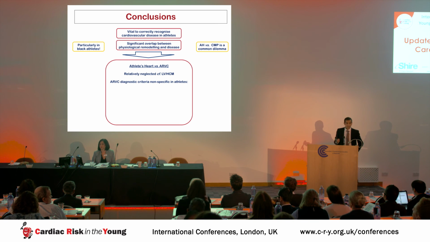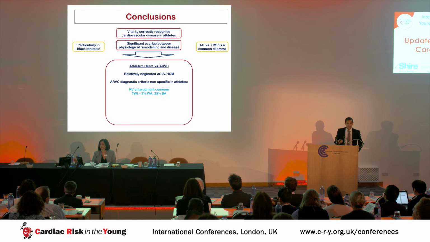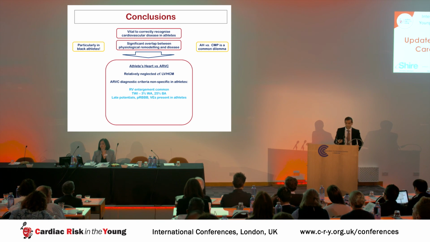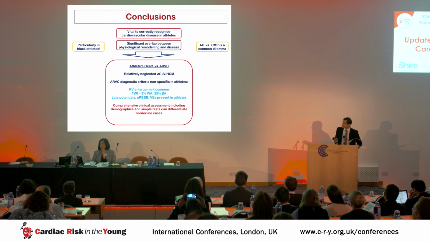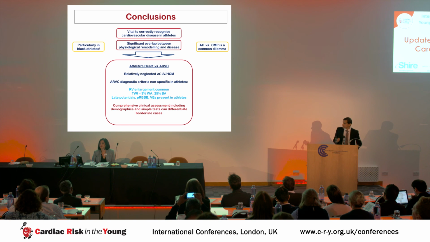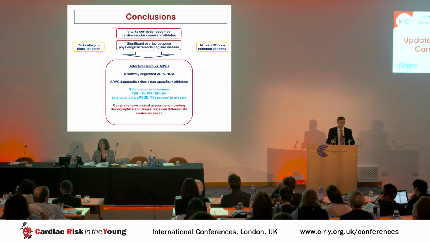And the ARVC diagnostic criteria are non-specific in athletes because athletes get big right ventricles, they get T-wave inversion, particularly the black athletes, and athletes get late potentials and ventricular ectopics. However, comprehensive clinical assessment using fairly simple tests that are widely available and demographics of your athlete can help to differentiate borderline cases.